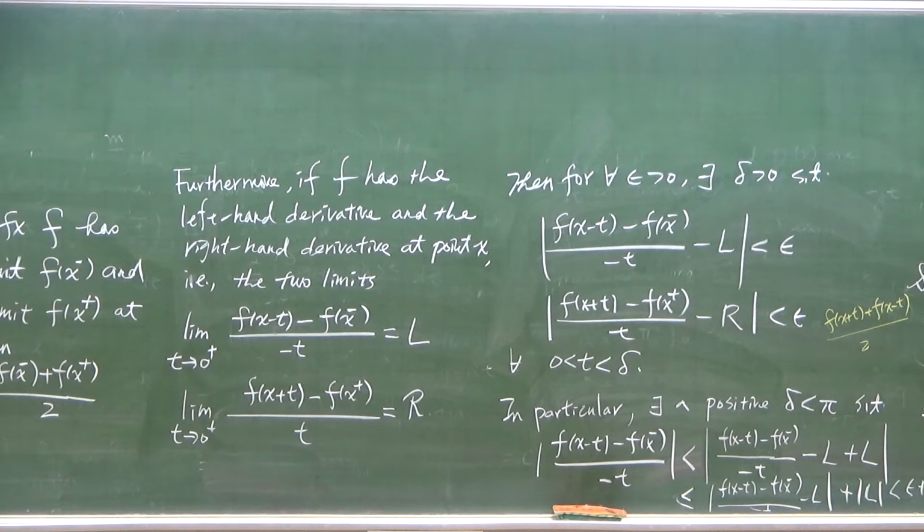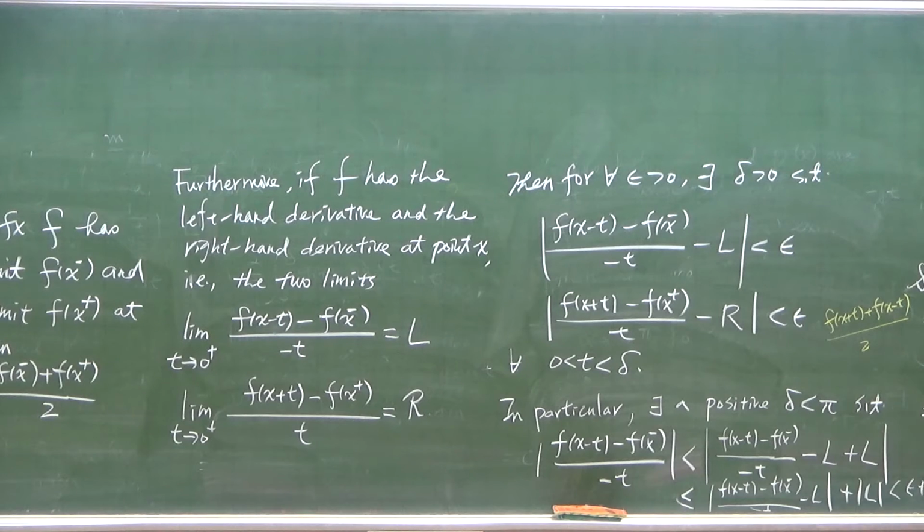So this implies that the quotient divided by t is absolutely integrable over 0 to delta. Now we can apply Dini's theorem.